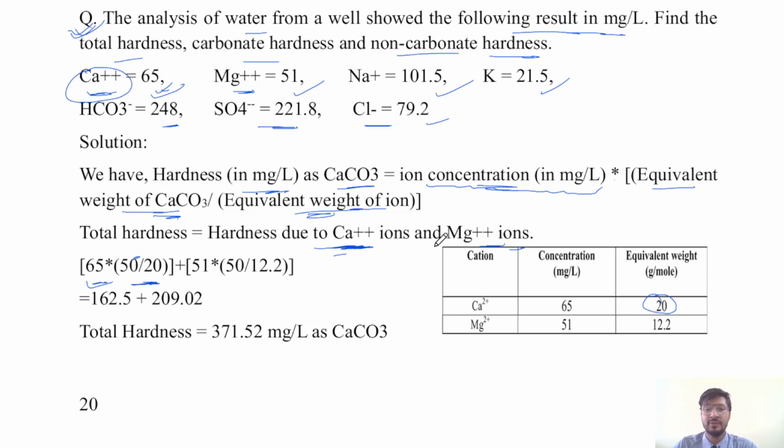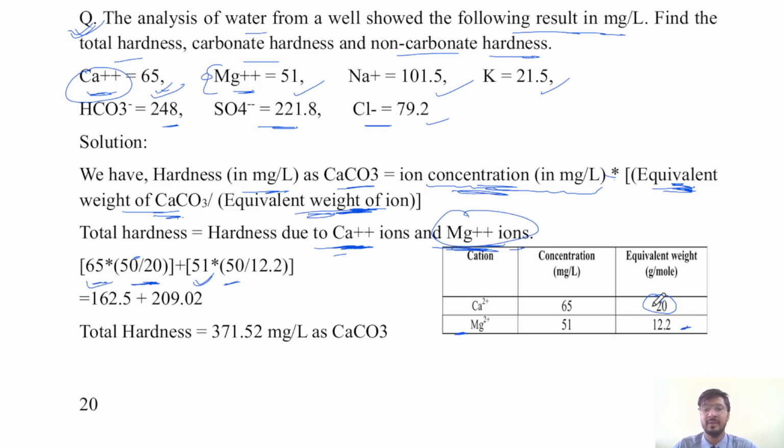Hardness is also due to magnesium ion. That's why magnesium ion concentration times equivalent weight of CaCO3 divided by equivalent weight of ion, that means equivalent weight of magnesium ion. So the ion concentration is given by 51, and the equivalent weight of CaCO3 is 50 divided by equivalent weight of ion, that means equivalent weight of Mg++.